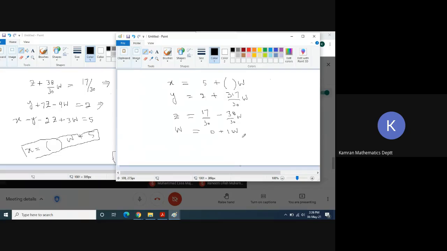So if w is equal to r, say if we replace w by some arbitrary parameter r, we will have a solution like this.